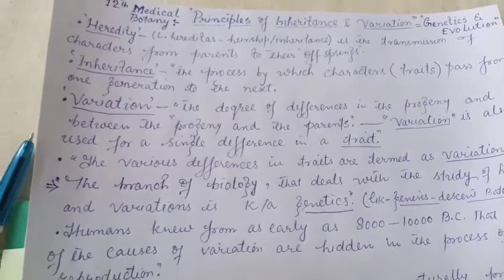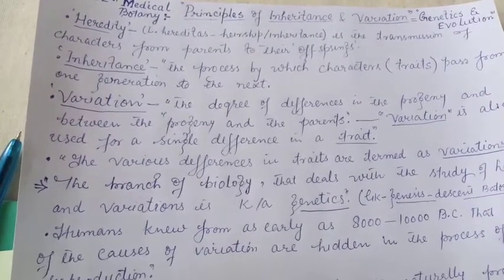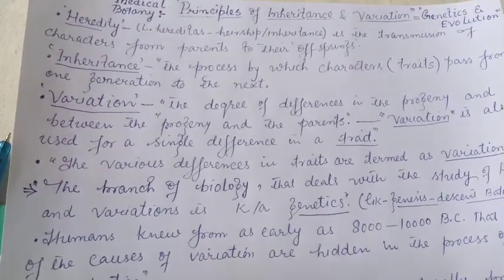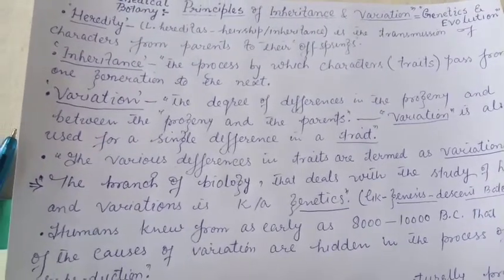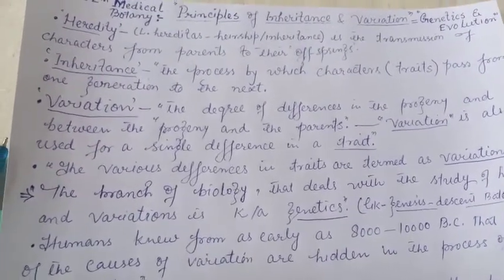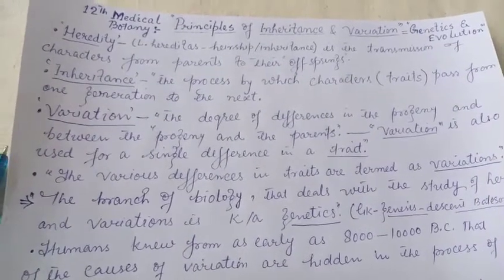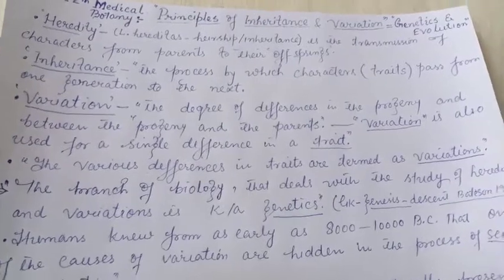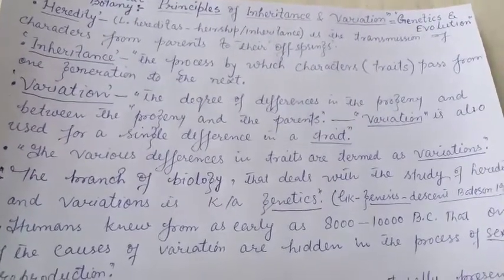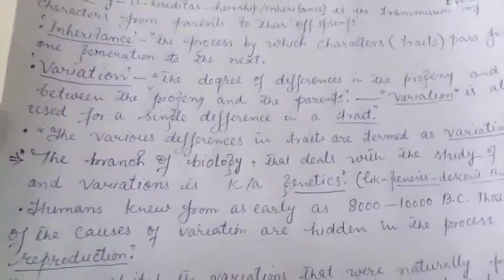We will look at the characters of the pea plants, like tallness and dwarfness. The size of the plant is the character; tallness and dwarfness are the traits. Likewise, the various differences in traits are termed as variations.